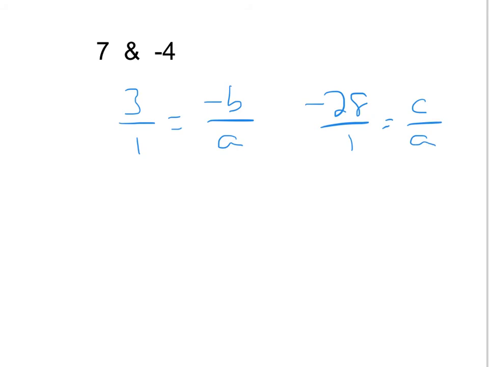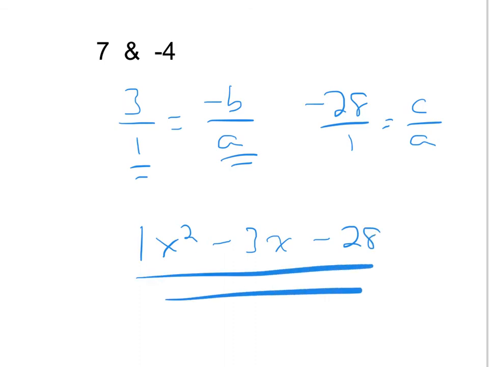So now I can see that my a is equal to 1, so I have 1x squared. My b is equal to negative 3, so I have minus 3x, and my c is equal to negative 28. So my equation, again, is x squared minus 3x minus 28, which is what we got before.